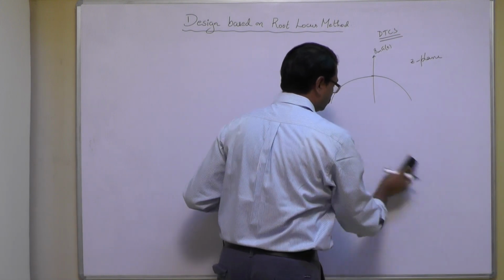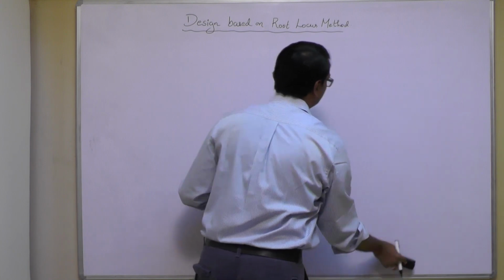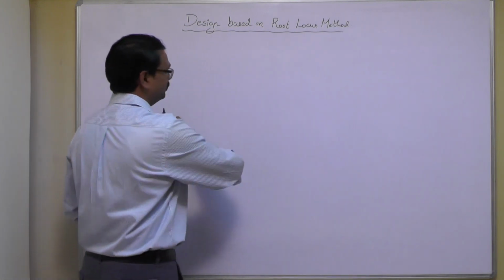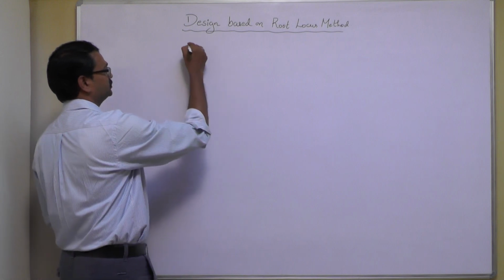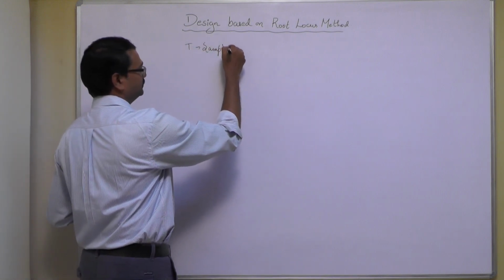But here it is also important for us to find out the effect of poles and zeros when the sampling period T is changed.